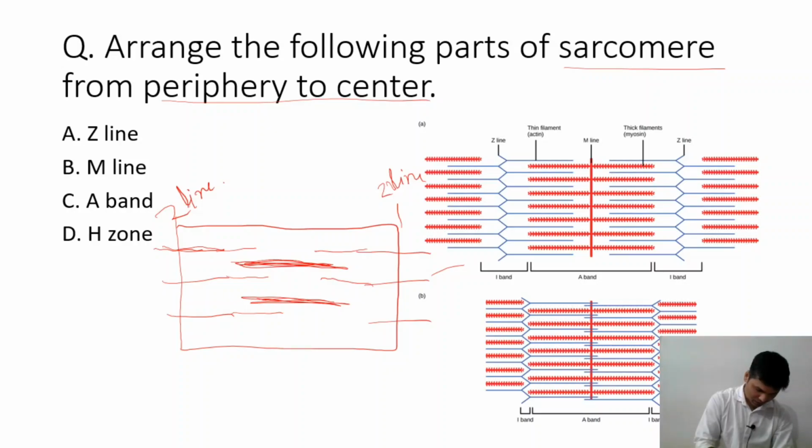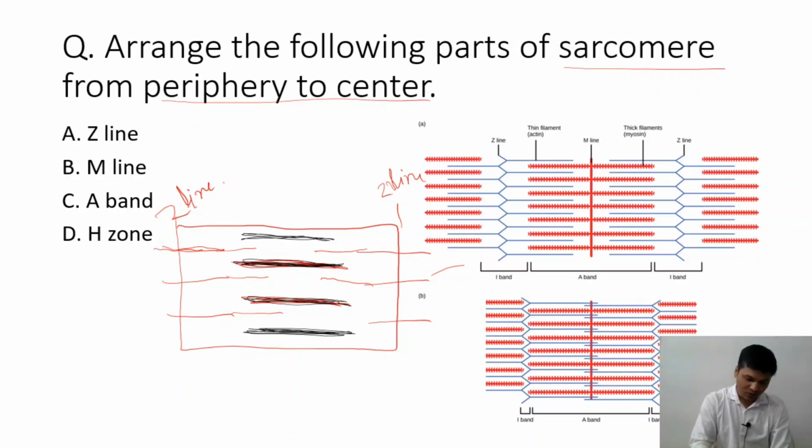Let me draw with some other color. Suppose this is myosin, this is myosin, this is myosin. And here, this one is called the M line.